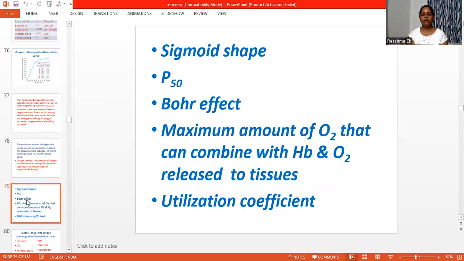So about the oxygen hemoglobin dissociation curve, you all know that it is a sigmoid curve, or an S-shaped curve. It is in the shape of the alphabet S. And you can find out the P50 from that graph. Then you will get the Bohr effect.